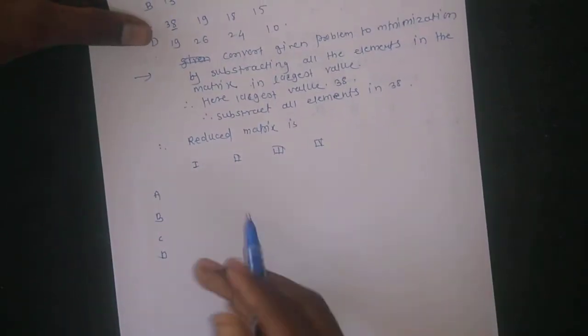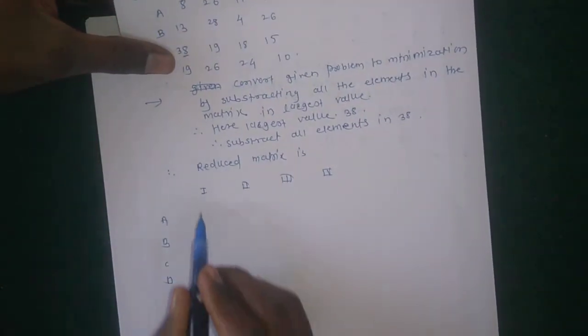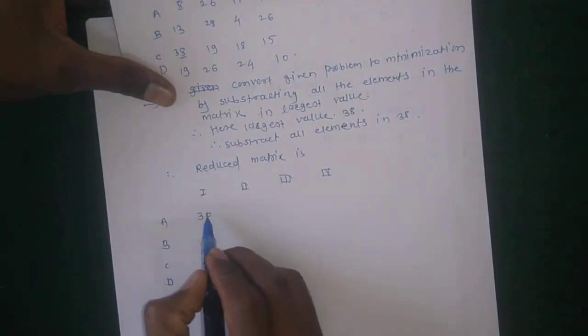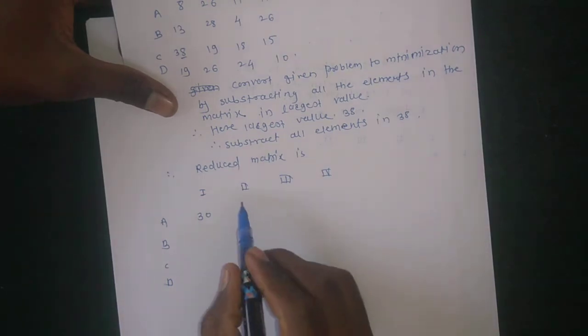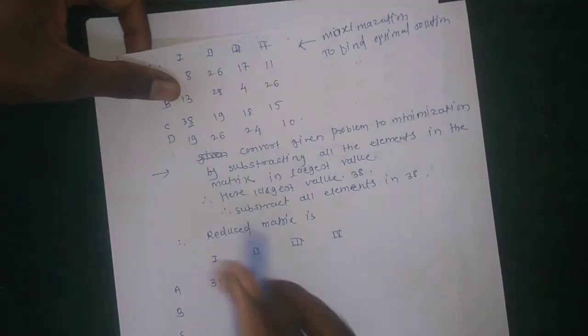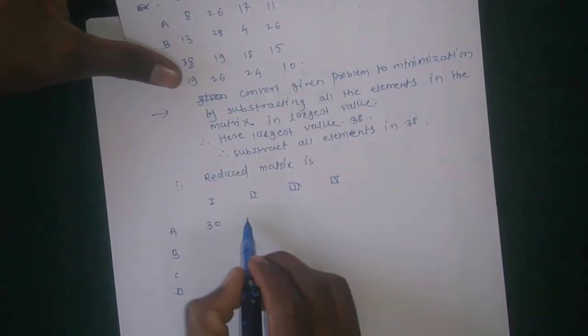In this way, 38 minus 8 remaining 30. Then 38 minus 16. Then 38 minus 26, remaining 12.